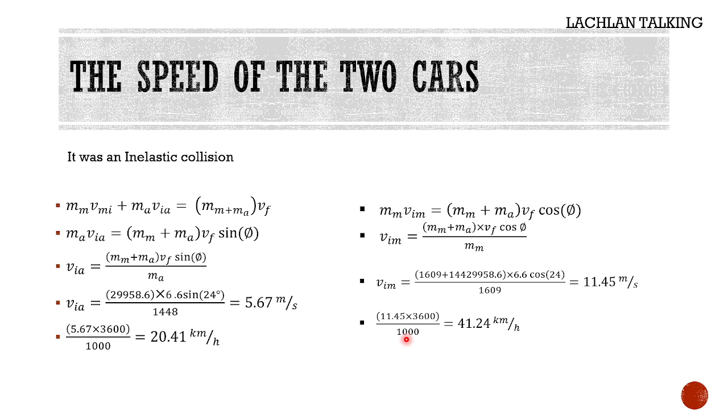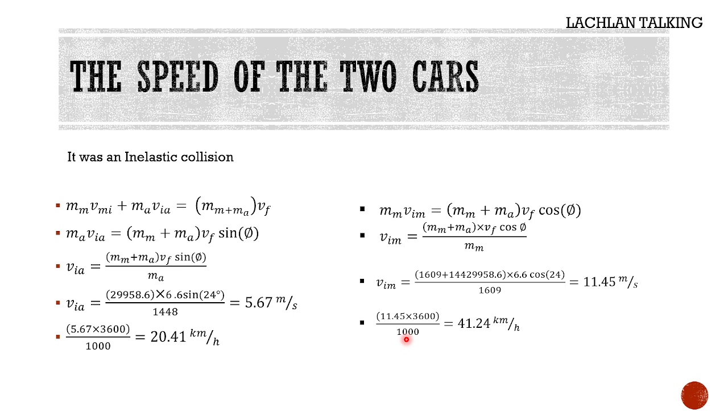Now we need to find out if it's possible that the Mitsubishi was speeding for this collision. The mass of the Mitsubishi times the initial velocity of the Mitsubishi is equal to the mass of the Mitsubishi plus the mass of the Audi times the final velocity cos theta. This is going in the x direction. So rearranging that, the initial velocity of the Mitsubishi is equal to the mass of the Mitsubishi plus the mass of the Audi times the final velocity cos theta over the mass of the Mitsubishi.